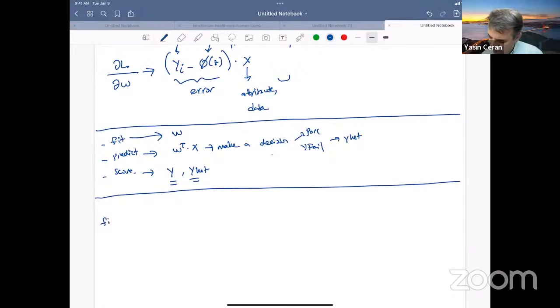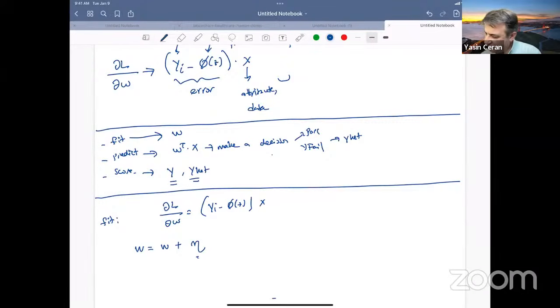For fit, we need the following equations. Yes, gradient descent, Heraldo. We just came up with this one, which is yi minus phi of z, times x. To fit, I'm going to start with some w and then update this w with some step size.